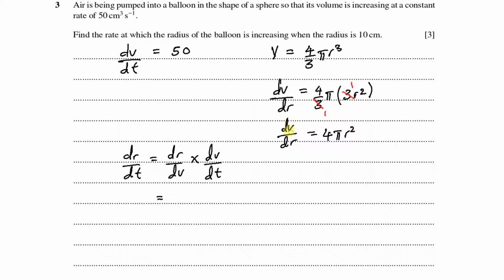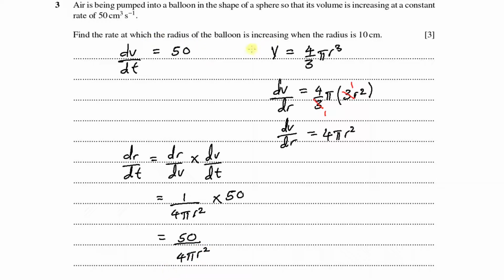Now we have dV by dr. So dr by dV will be the reciprocal of this. So that will be 1 over 4 pi r squared. And then that's times dV by dt. That's what we have here as 50. So basically, we are saying that dr by dt is 50 over 4 pi r squared.